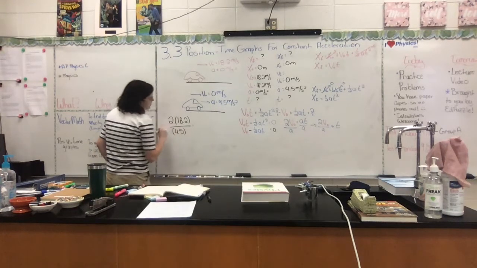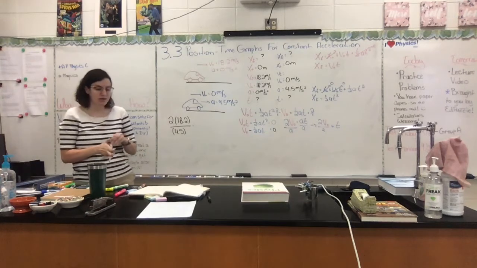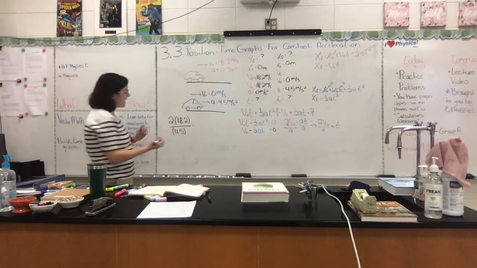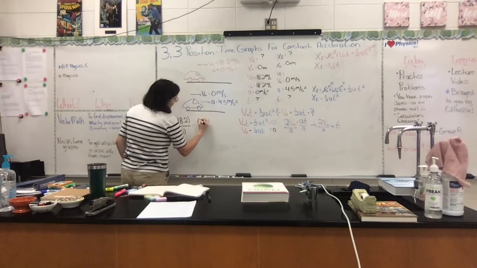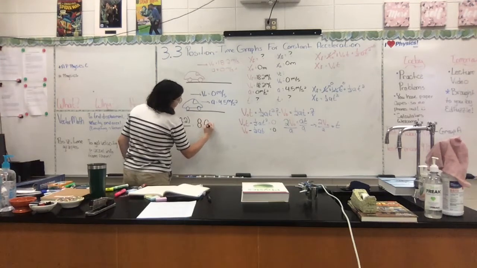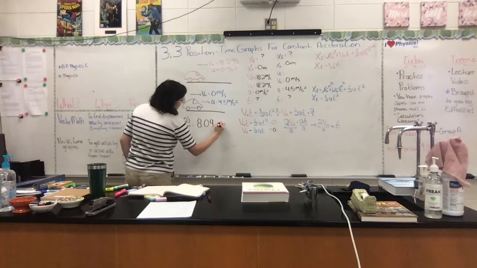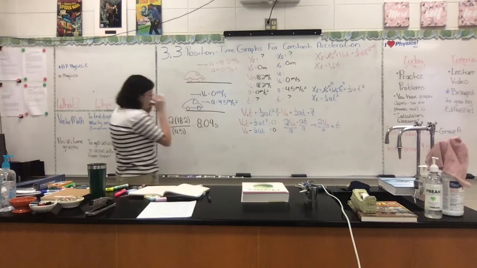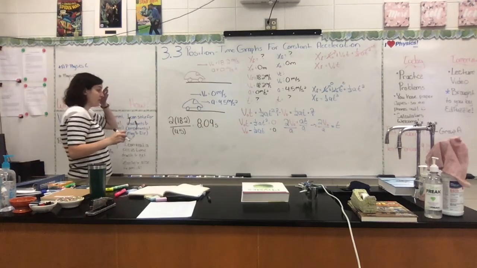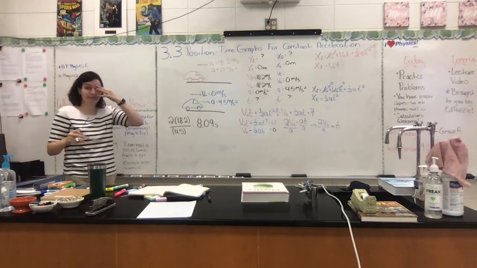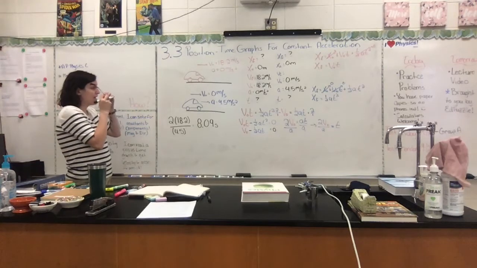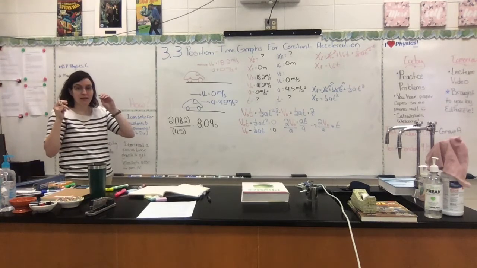And when we do 2 times 18.2 divided by 4.5, we end up finding out that they pass each other at 8.09 seconds. That is when the policeman is going to catch up to our speeder. All right, so that's our when.